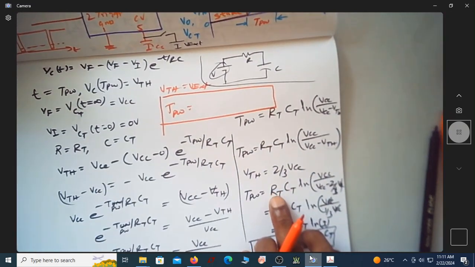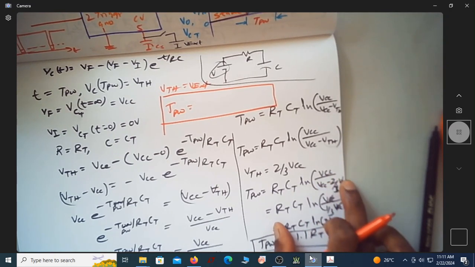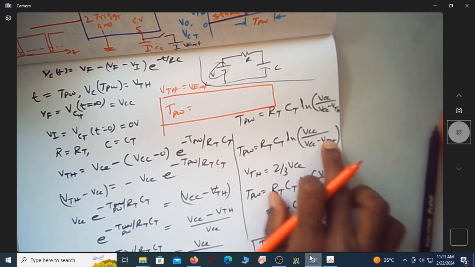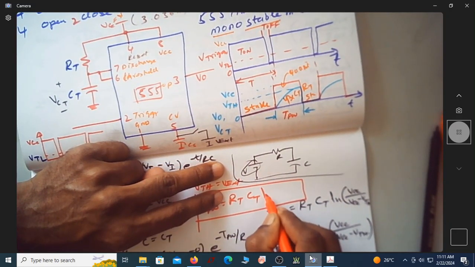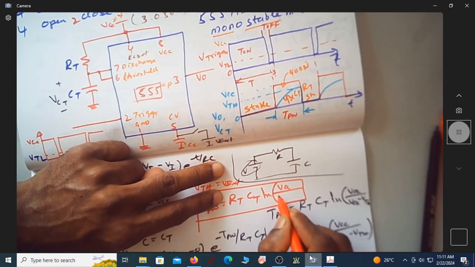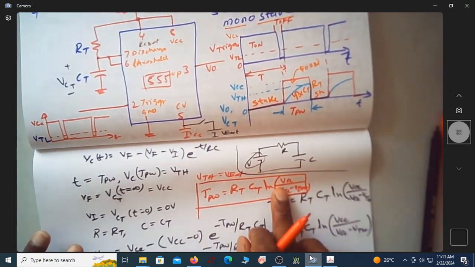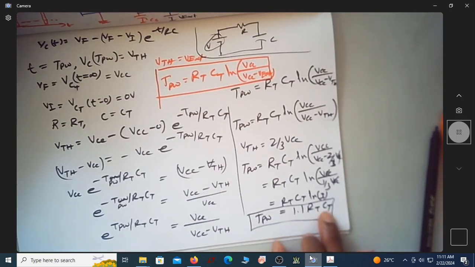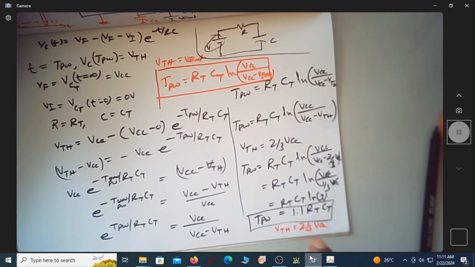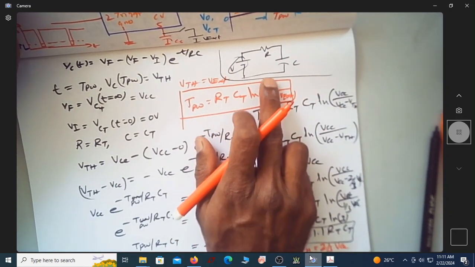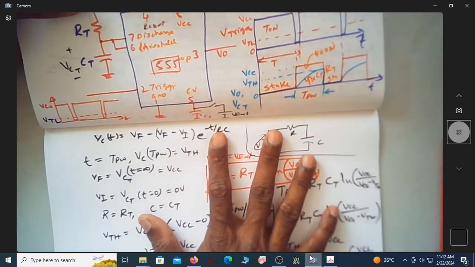TPW is exactly this, RT CT ln of VCC divided by VCC minus V external, because in place of VTH I will have V external. So it is no more 1.1. It is 1.1 RT CT if VTH is 2/3 VCC. If VTH is V external, then it is RT CT ln of VCC by VCC minus V external. Now these are all the required things.